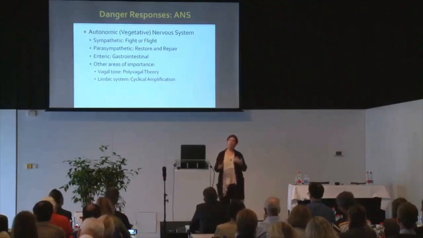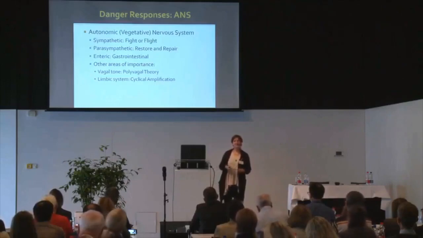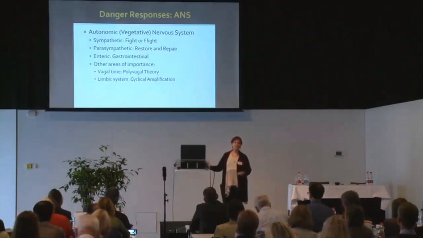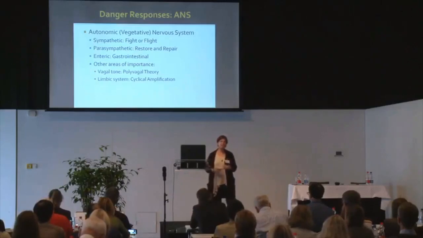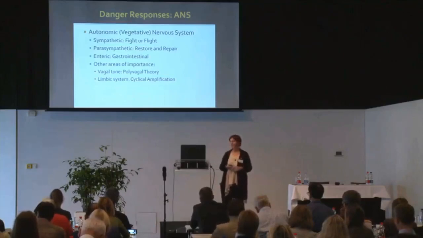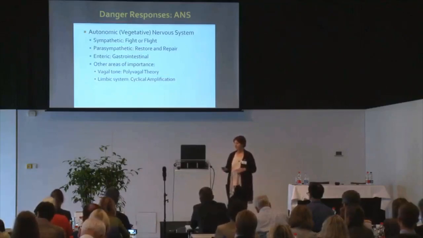So we read social cues. And again, going back to that systems biology and the behavior part, that's an important piece to this. If vagal tone is off, it's going to be very difficult for someone to get completely well. And finally, the limbic system, from the hippocampus on, is an important part of the danger response.